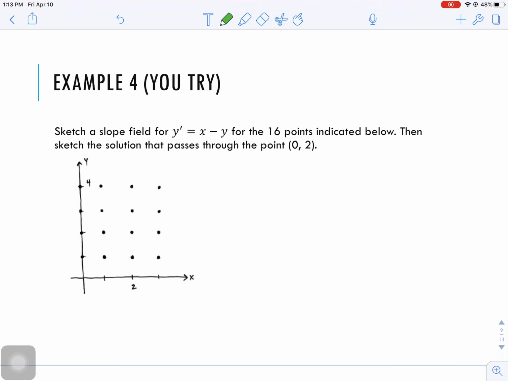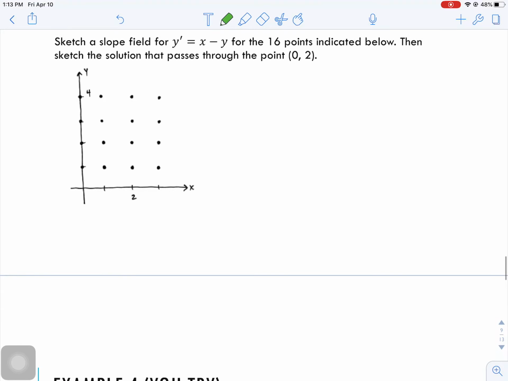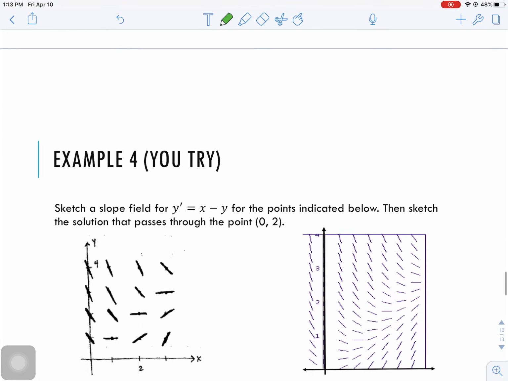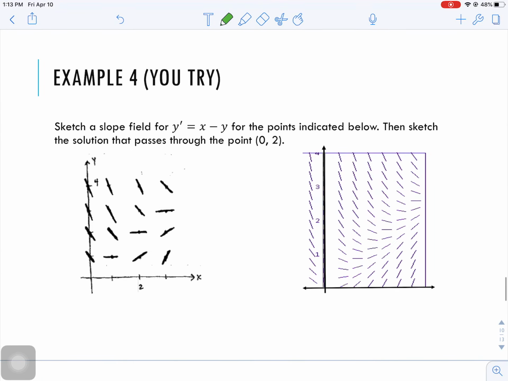All right, I'm going to reveal the solution now. So I'm scrolling down here. This is what that completed slope field should look like on the left side. If you drew them in, those are what the slopes should approximately look like. They don't have to be exact.